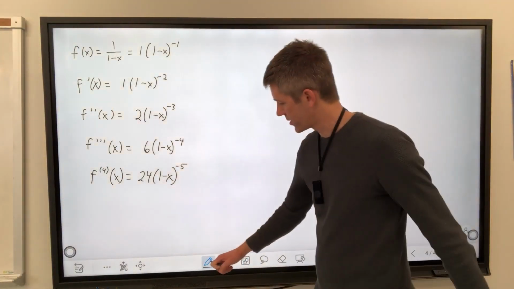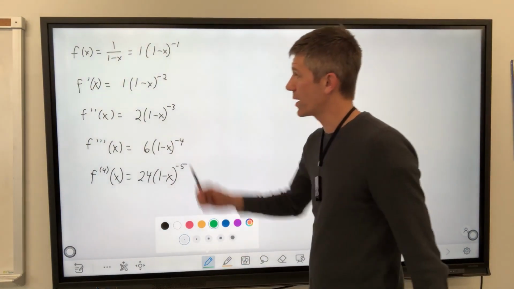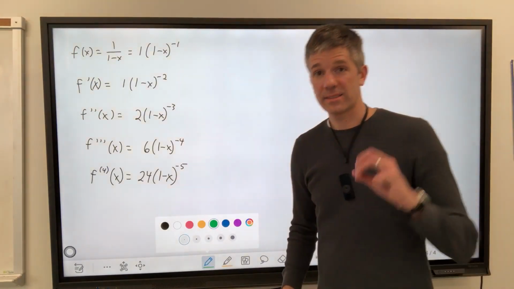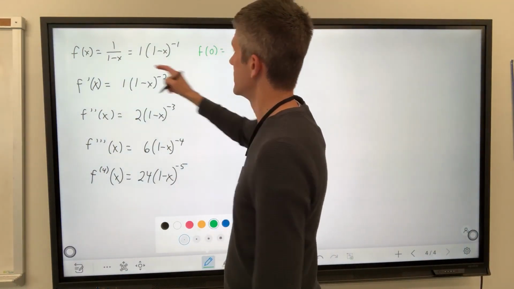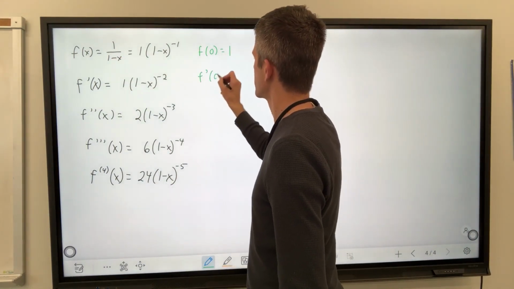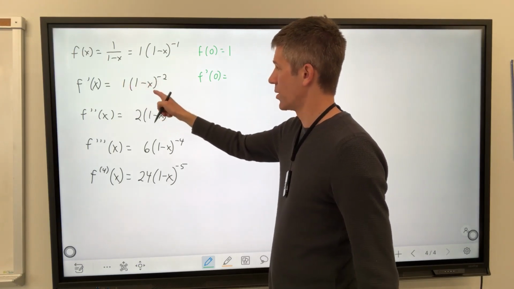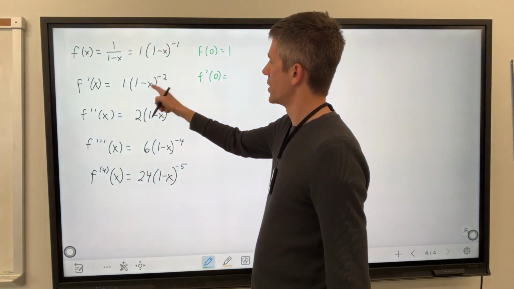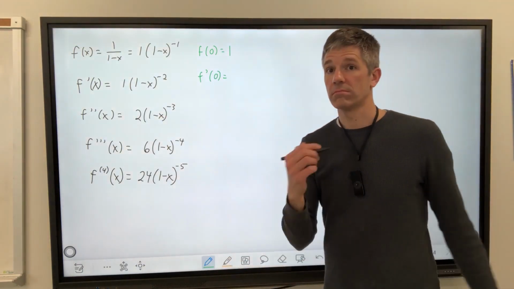Actually, let's evaluate first. So let's go to what color? Green. That works. So we're going to evaluate each of these at 0. It's going to be pretty easy. So f of 0 is 1 over 1. Good. F prime of 0 is 1 times (1 minus 0), which is 1 to the negative 2. 1 to any power is going to give me 1.